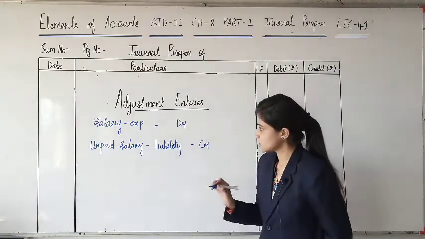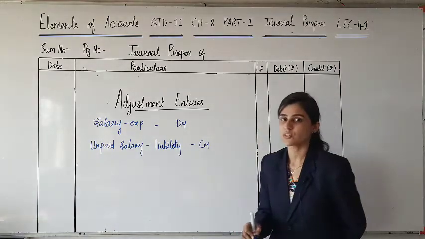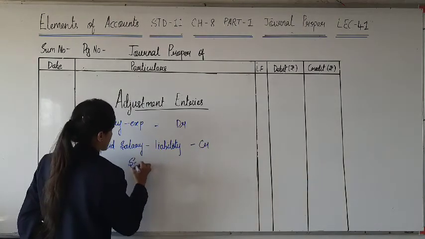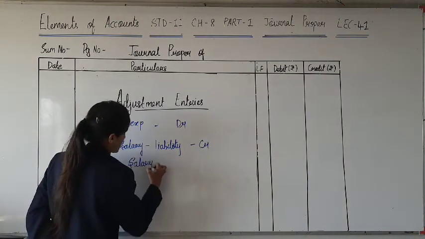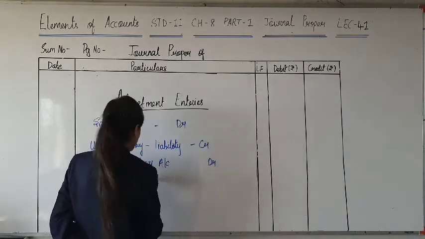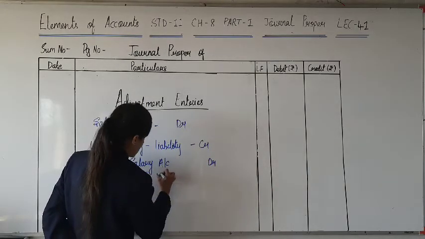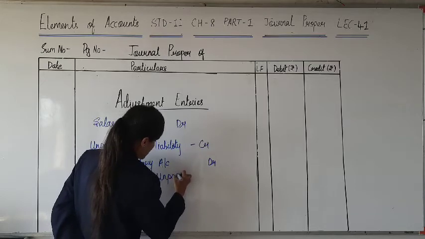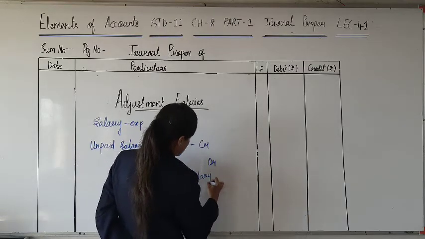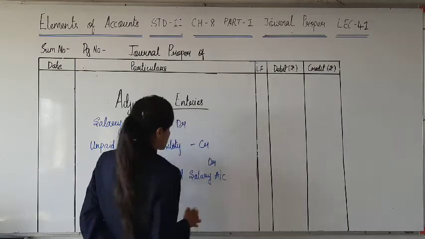So the adjustment entry for this is salary account debit to unpaid salary account.